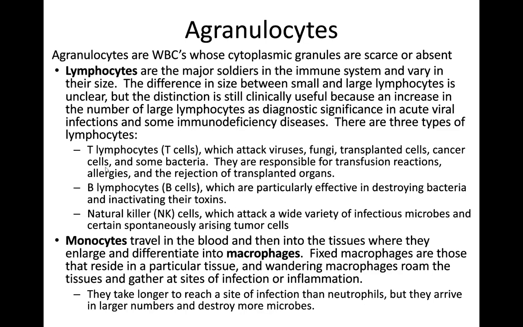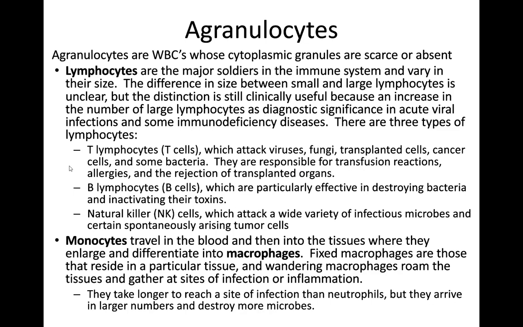Unfortunately, they have a side effect of causing transfusion reactions, allergies, and rejecting transplanted organs. So if a person has, for example, a kidney transplant or a heart transplant, they would have to take special drugs that decrease the activity of their T cells so that their body doesn't destroy that organ they've just been given.